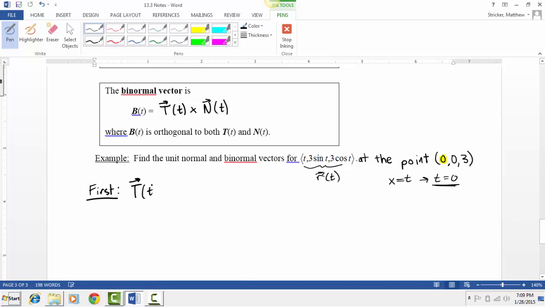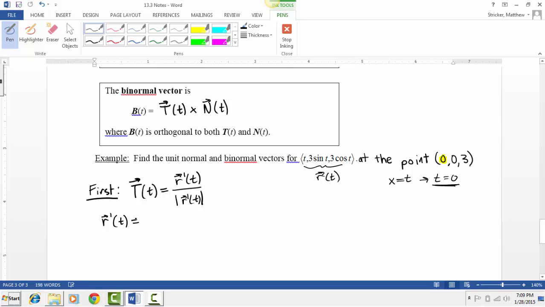We already know that r prime is the tangent vector, so to find the unit tangent vector, we take r prime and divide it by the magnitude of r prime. So we want to start off by finding r prime first.